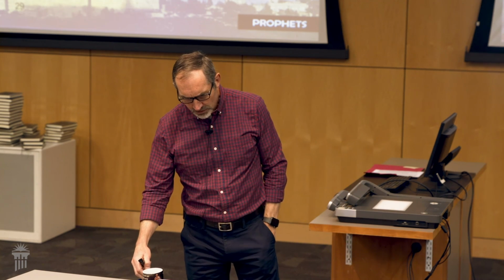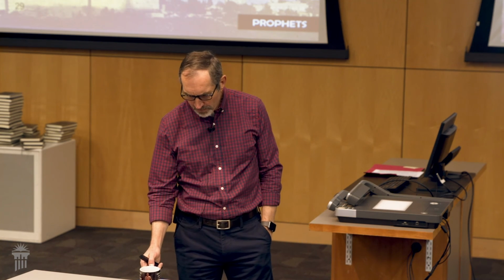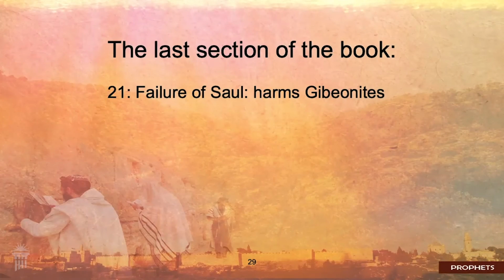Now, with that then, let me share with you one more portion, and that is the last section of the book. I'm talking about 2 Samuel chapter 21. And here's the way, after we're finished with the failures of David and the trouble and the rebellion, the book finishes with chapter 21, the failure of Saul, a story, kind of a flashback, how he harms the Gibeonites.